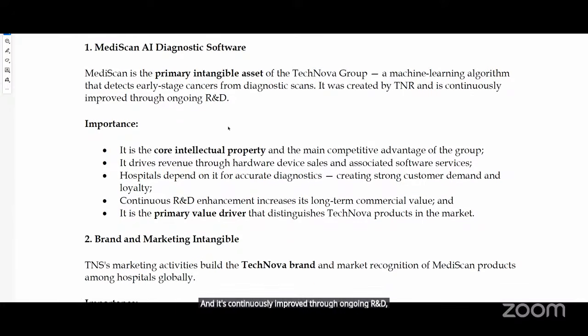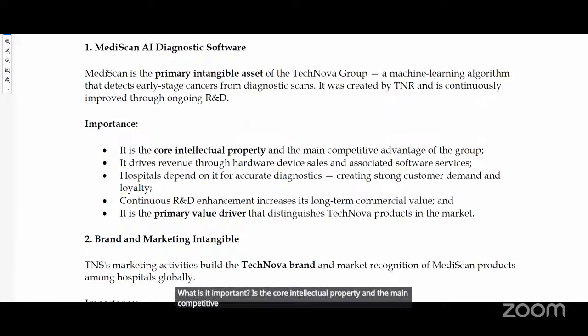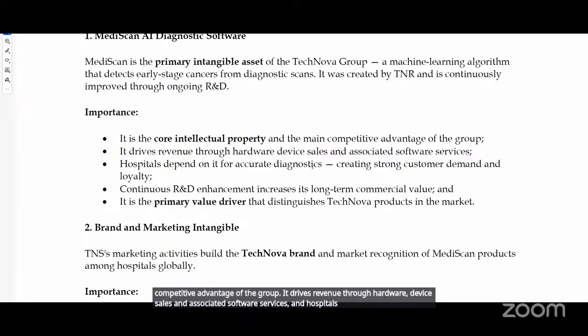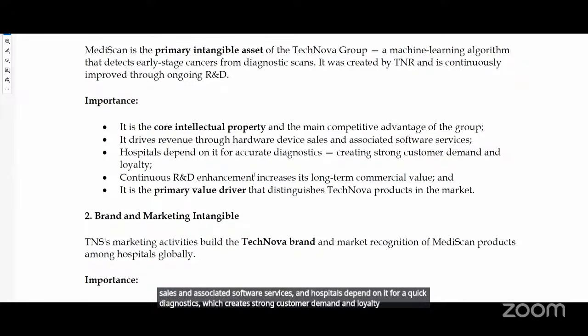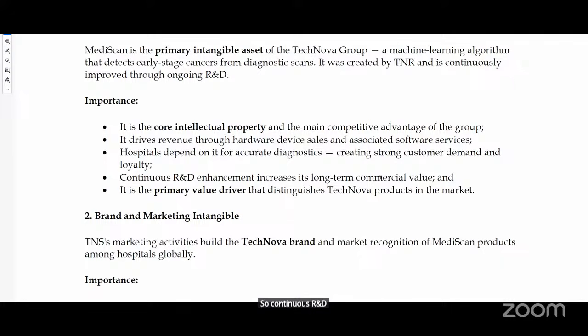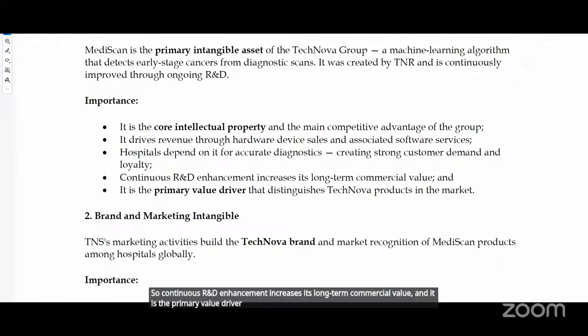So what is its importance? It's the core intellectual property and the main competitive advantage of the group. It drives revenue through hardware device sales and associated software services. Hospitals depend on it for accurate diagnostics, which creates strong customer demand and loyalty. Continuous R&D enhancement increases its long-term commercial value, and it is the primary value driver that distinguishes Technova products in the market.